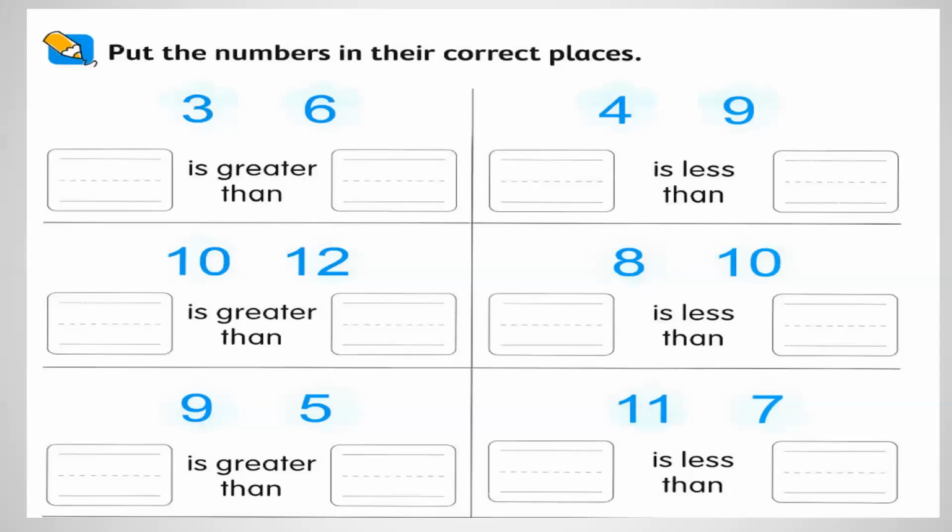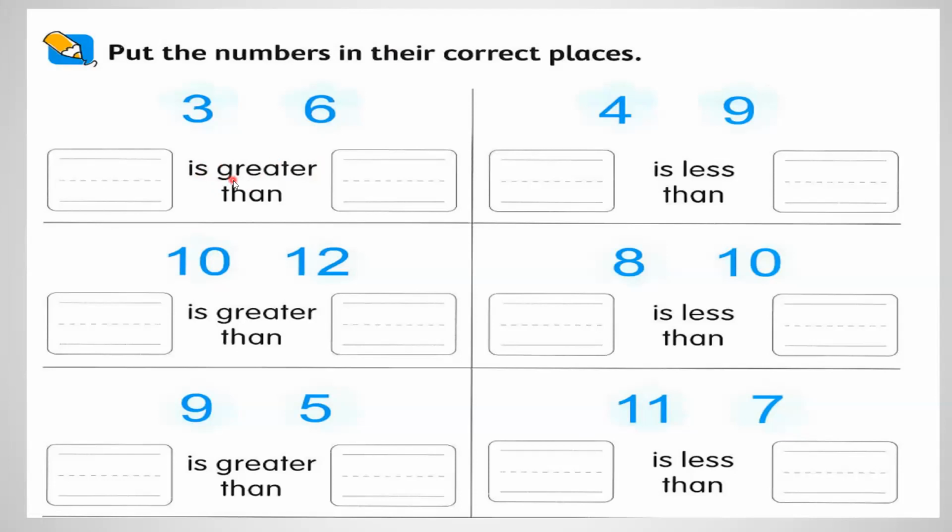Okay, put the numbers in their correct places. So we are going to read the word, then see what the meaning of this word is and choose the number to put it. For example, here we have number 3 and 6, and the word here is greater than.